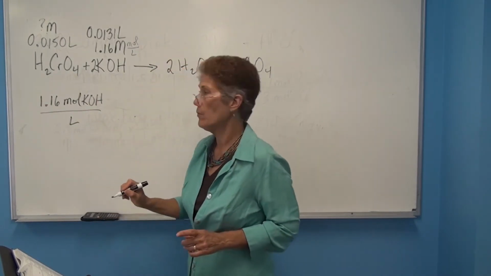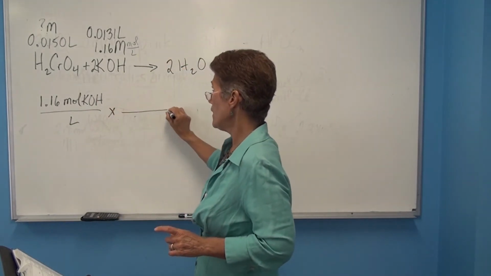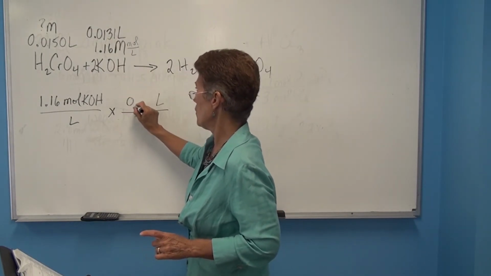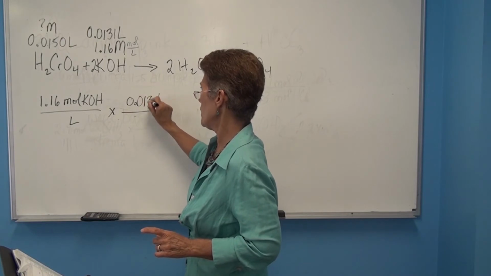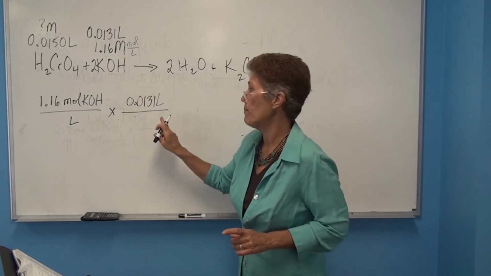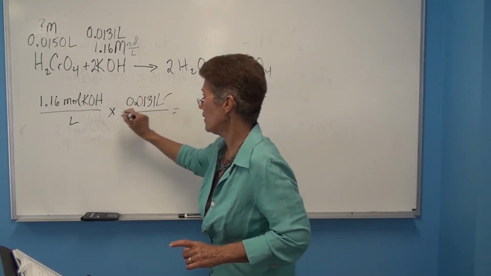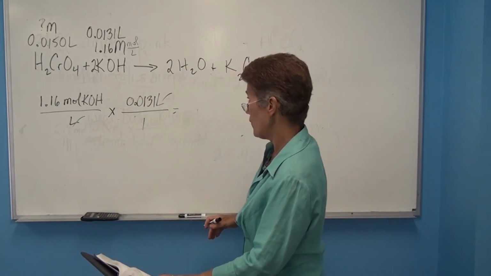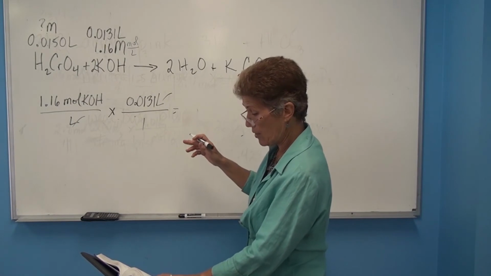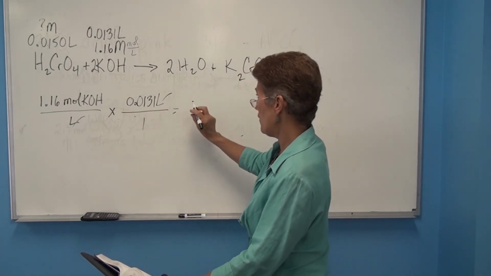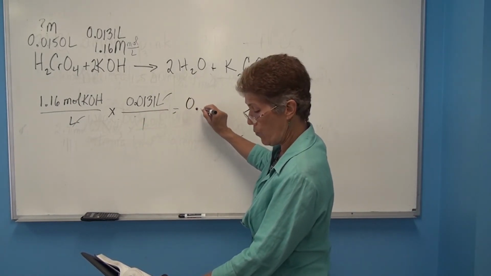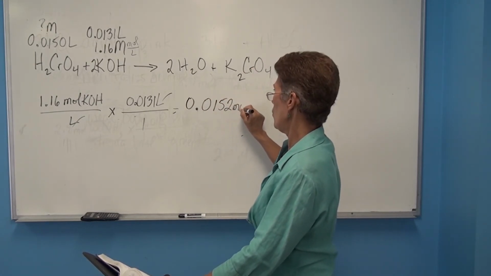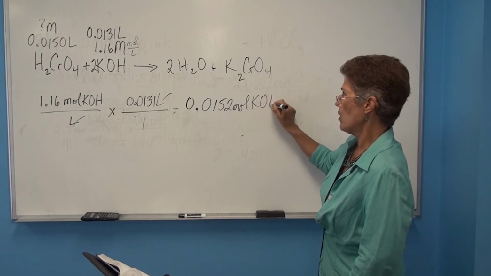That's what the molarity represents, times line. We need to get the liters in here, so I'm going to go 0.0131. That's my 13.1 mils, and that will make the liters leave, and that will tell me how many moles of this particular substance, the potassium hydroxide, we have. We have 3 significant figures, so we're going to go 0.0152 moles of potassium hydroxide.